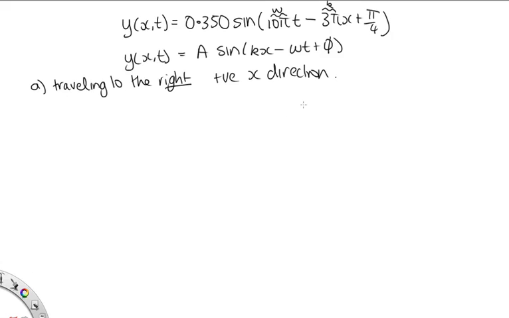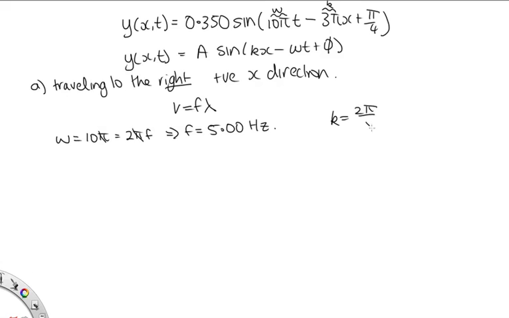Now we're asked to find the speed. Well, we know v is equal to f lambda, and omega is equal to this thing here, so that's equal to 10 pi, which is equal to 2 pi f. So this tells us that our frequency is equal to 10 over 2, which is 5.00 hertz. And we know that k is equal to 2 pi over lambda by definition, and that's equal to this 3 pi.